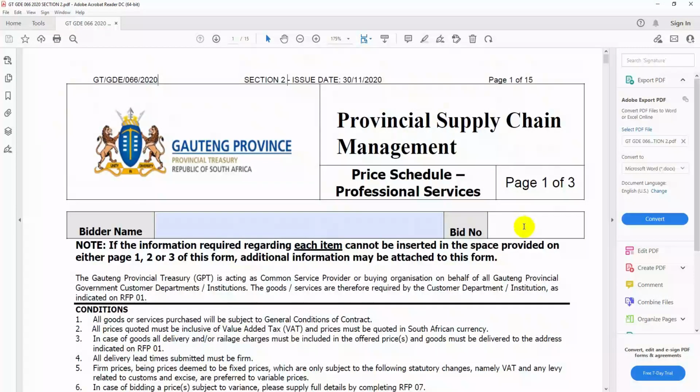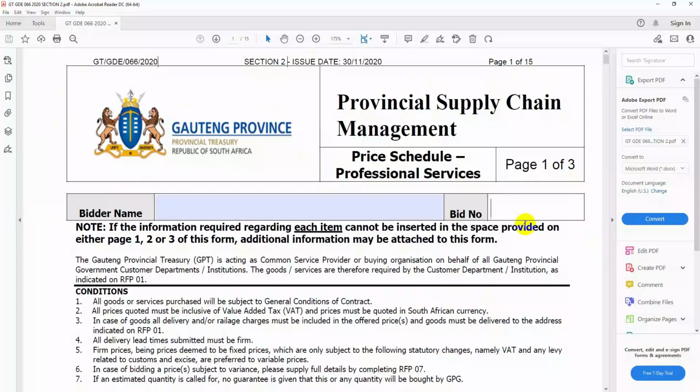So you will write the RFP there and your company name. Bidder name, GT-GDE 066/2020. As I've said, you can also download this in Word and complete it.